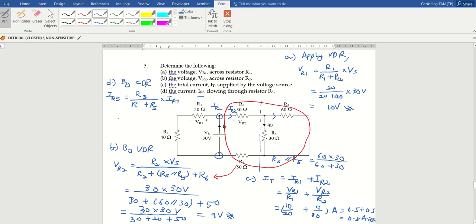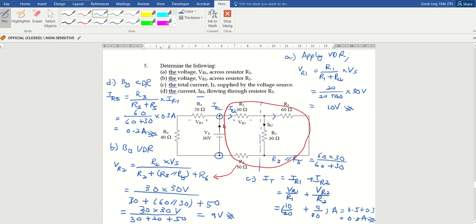Okay, then that will give you 60 divided by 60 plus 30 times 0.3 A. That will give you 0.2 A.